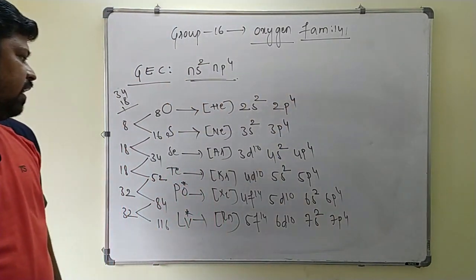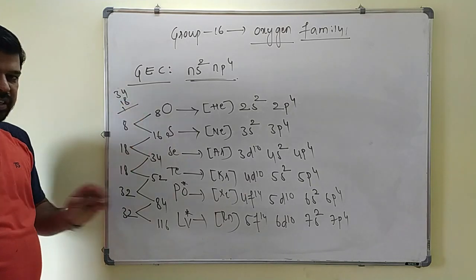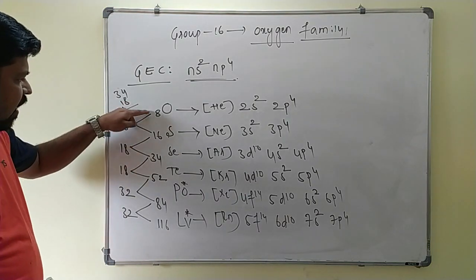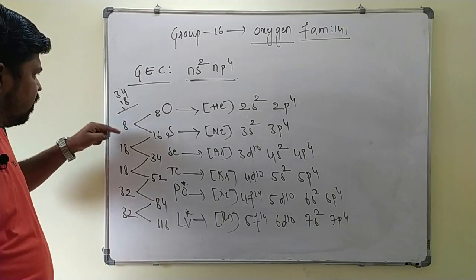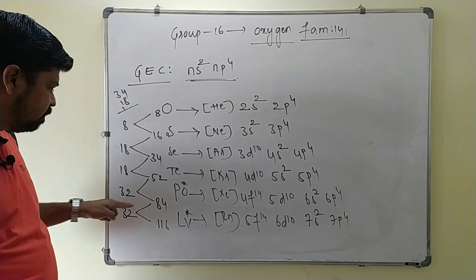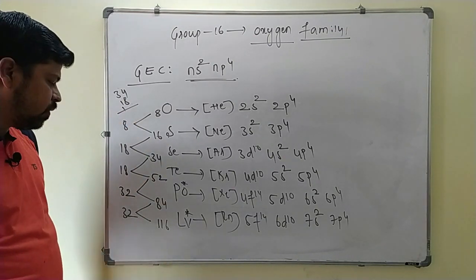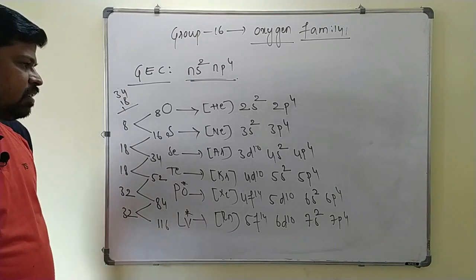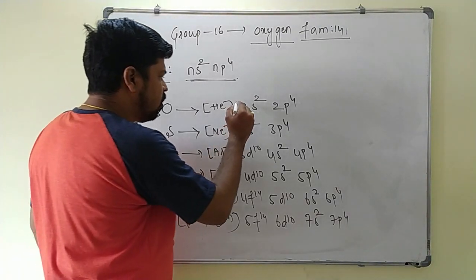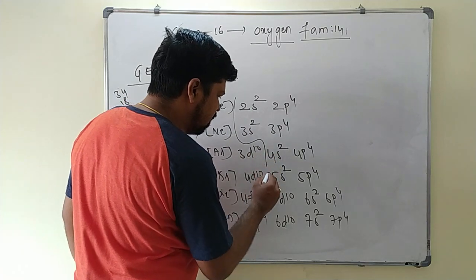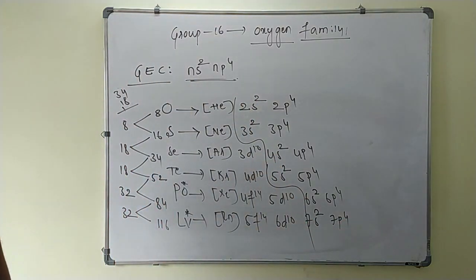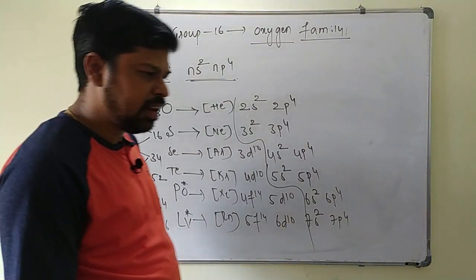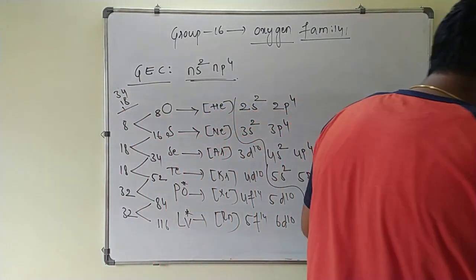This is the electronic configuration of group 16 members. 8, 16, 34, 52, then you will get 84, and the last one is livermorium, that is 116. So all of these have 6 electrons in their valence shell. This is the electronic configuration. Next thing, you will write atomic properties.